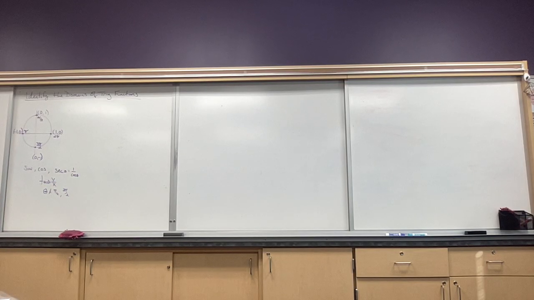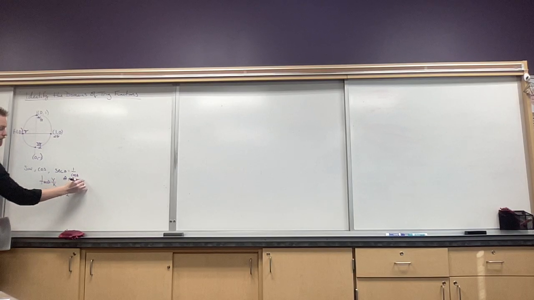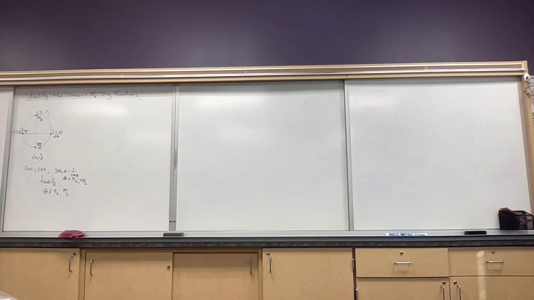Whenever cosine is 0, secant's undefined. Cosine goes to the x coordinate, so that's fine, that's not good, that's fine, and that's not good. So it's similar to tangent. The domain restrictions: it can't be pi over 2, and you can't have 3 pi over 2, or else secant's undefined.